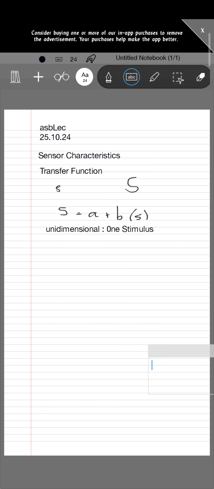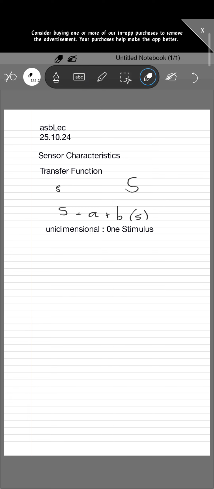Now, in this equation, this is actually the equation of a straight line with an intercept and a slope. So this initial value, this a value, is actually the output when there is no input.